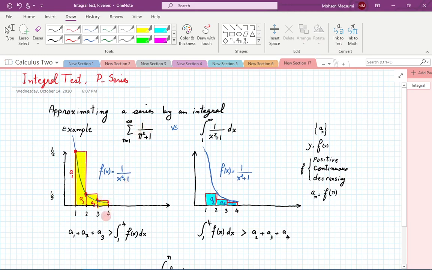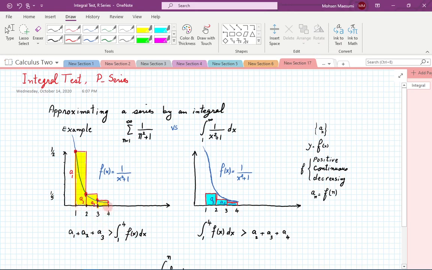The area of this rectangle is also 1/10. We see that the sum of these yellow rectangles is more than the area underneath the curve. So if I add up A1, A2, and A3, the first three terms, it's going to be more than the area under the graph of f of x from 1 to 4.